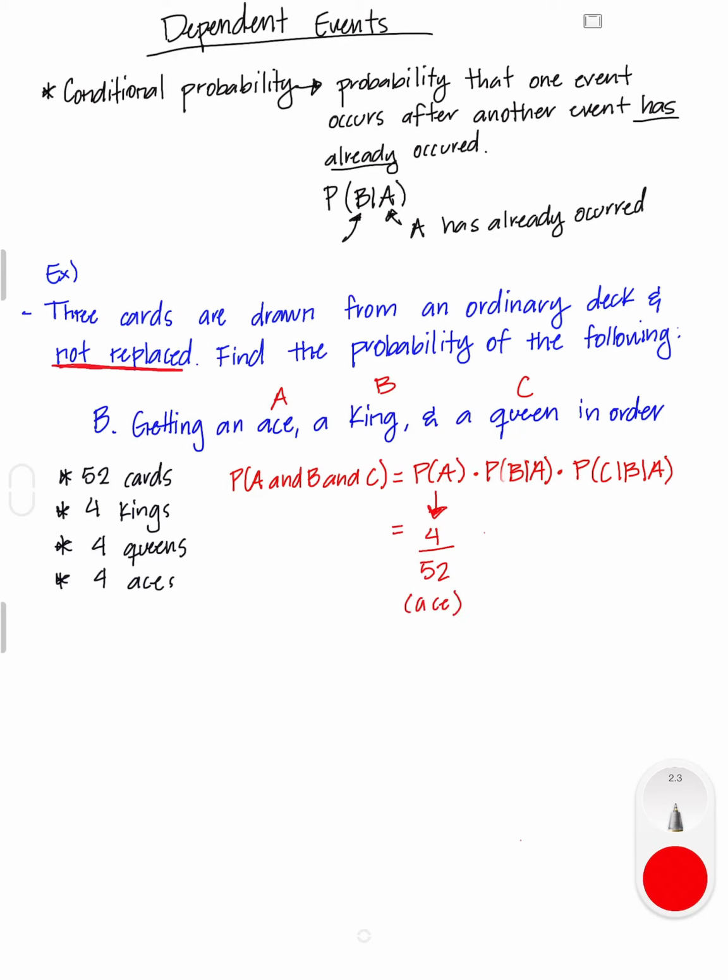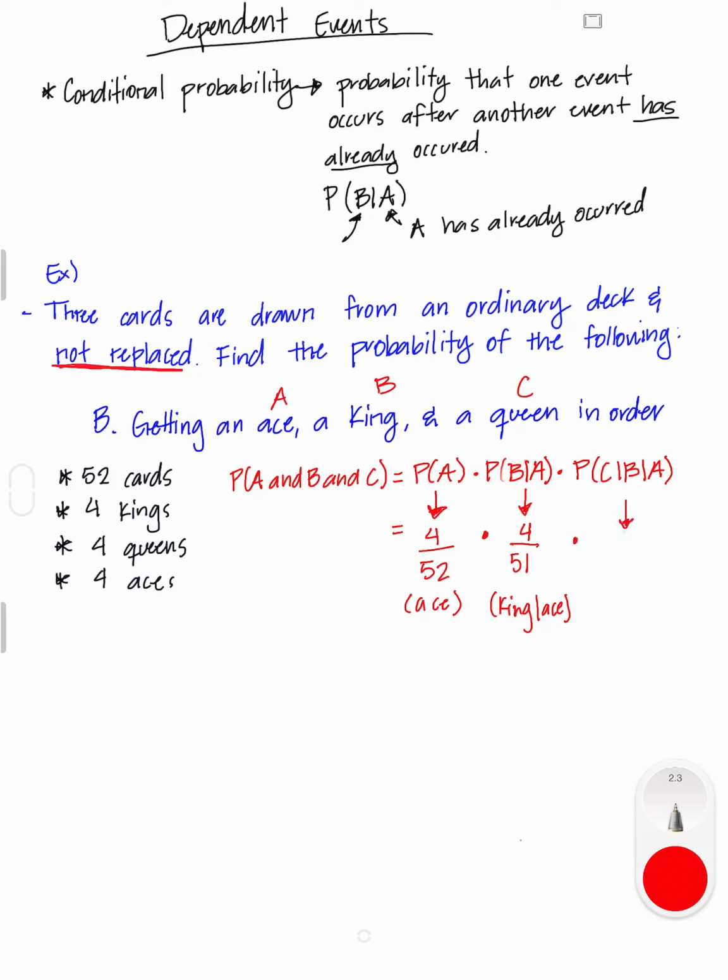Alright, so this is the probability of getting an ace times the probability of getting a king when we had already selected an ace. So we still have 4 kings. However, we don't have 52 cards in the deck anymore. We have 51.